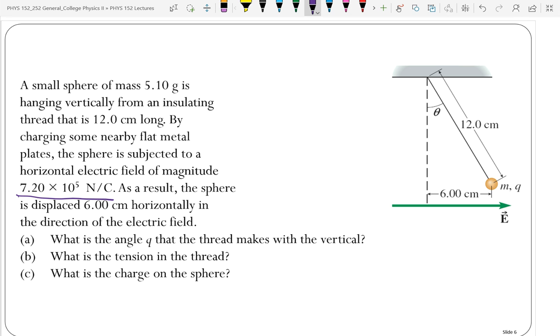What physics principle would I use here to find the angle? Because if it's on a test, you have to come up with that. There's a couple different things you can say. One of them starts with EQ.